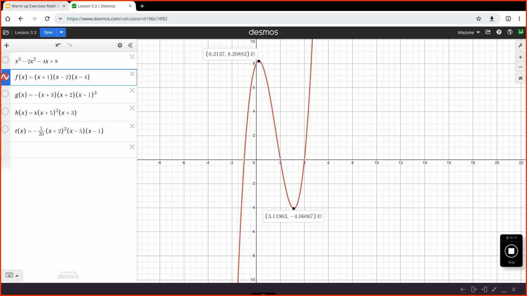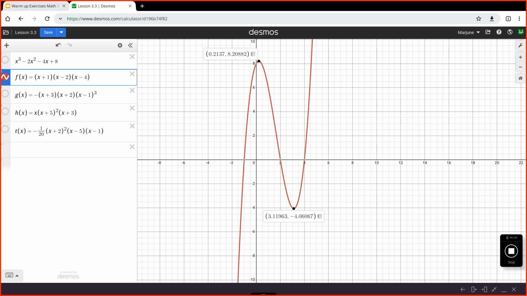Okay, 0.214 and then 8.209. That's going to be your local max. So think of these as your turning points, right? The turning point at the top is your local max. The turning point at the bottom is your local min. So this is your 3.12 if you're going to round up, and then negative 4.061.